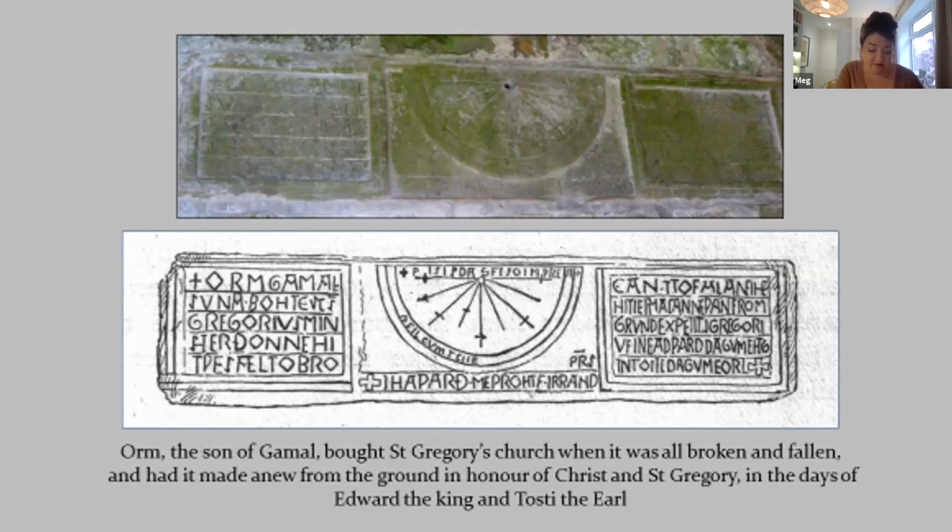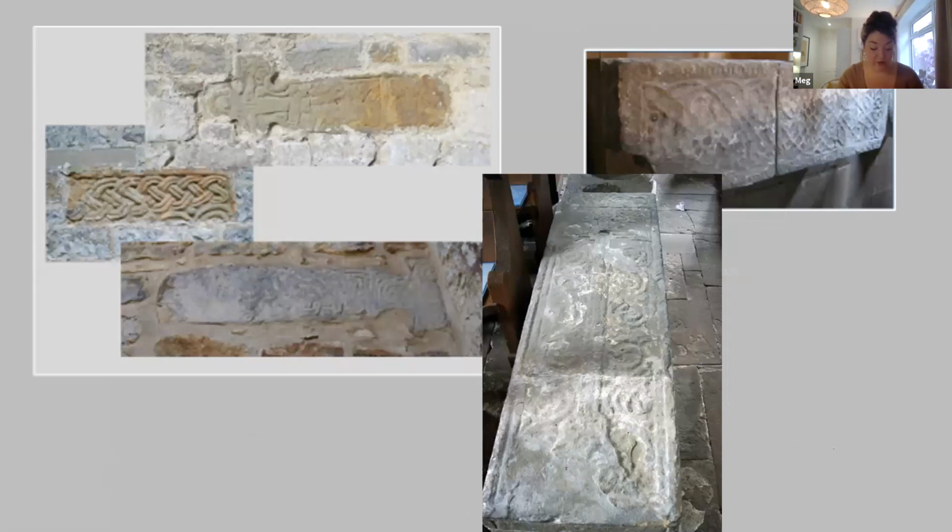This establishes the existence of an earlier church, which at the time of the Scandinavian rebuilding of the present structure, which is firmly dated to the mid-11th century, around 1054, was broken and fallen, a fact borne out by the reuse of a significant quantity of carved stone within the fabric of the 11th century rebuilding.